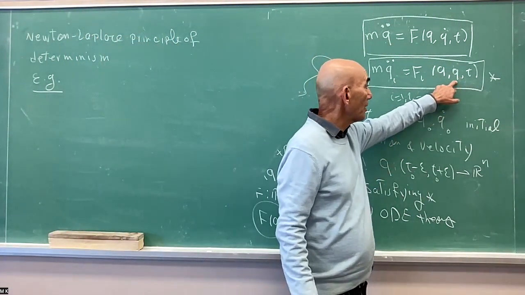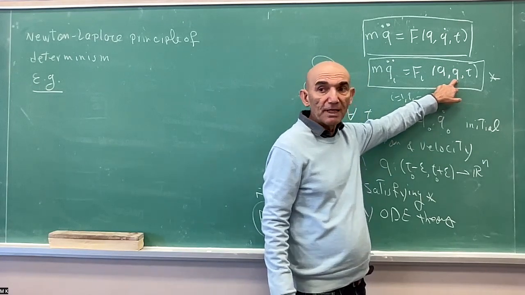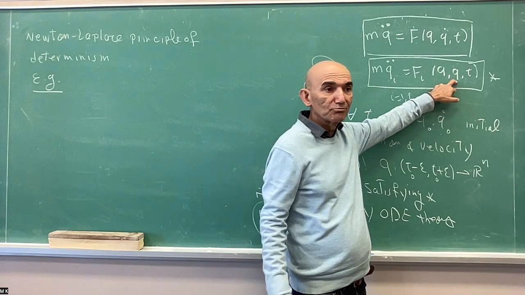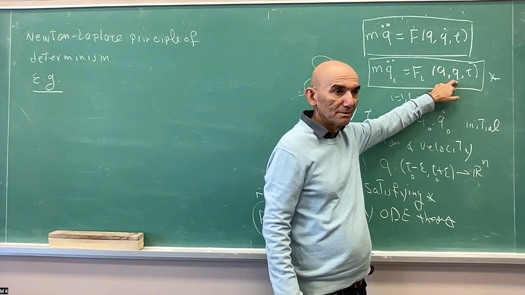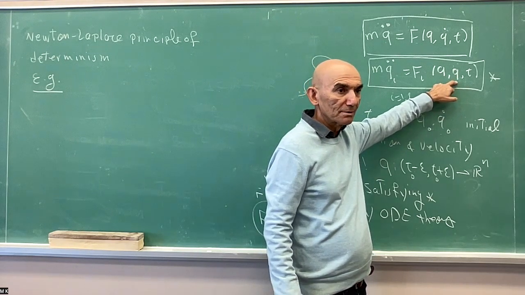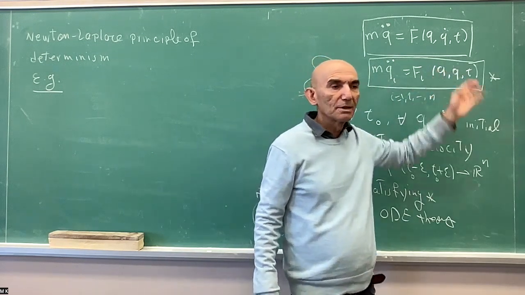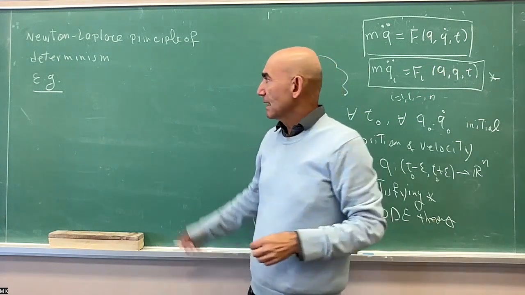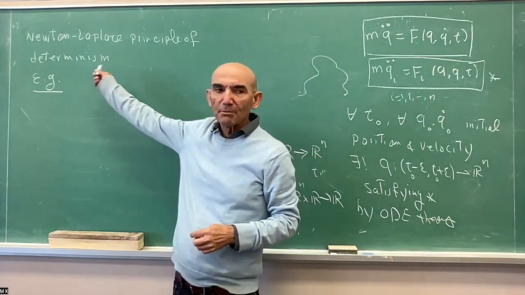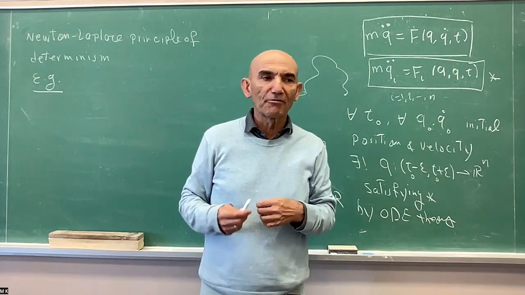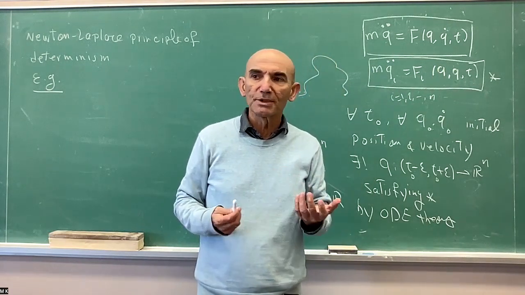But you see, I cannot put a force field that depends on the second derivative or third derivative. This never works in Newtonian mechanics. This principle of determinism will not hold. This is apparently not a mathematical thing. This is also a fact of nature, which classically can be observed.